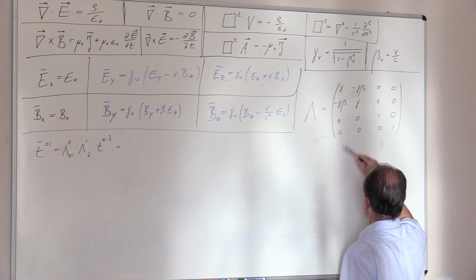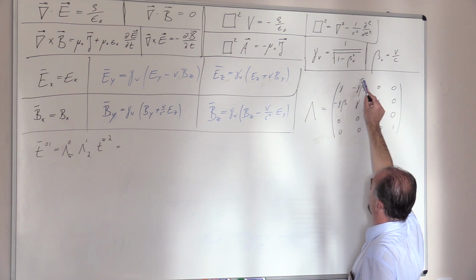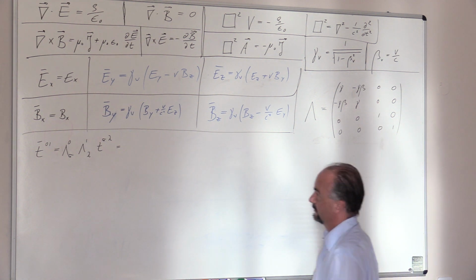Okay, so Λ^0, the top row, has entries only in columns 0 and 1, right?